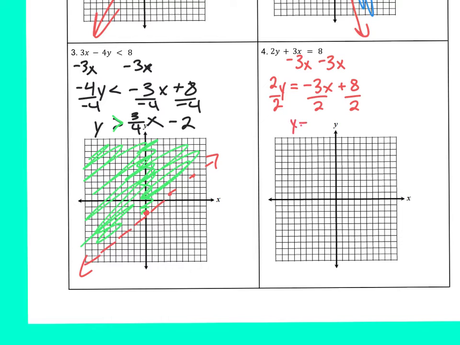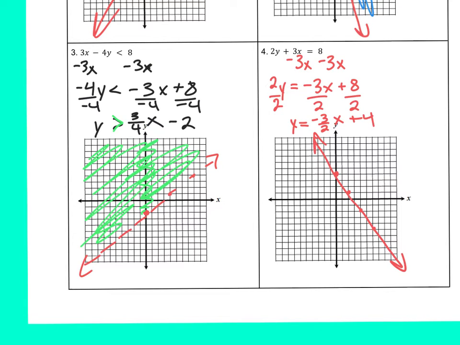So y equals negative 3/2 x plus 4. My b value is 4. My slope is? Yep, so down 3, right 2. And it's an equal sign, which means a dashed line. Or sorry, not dash, a solid line.